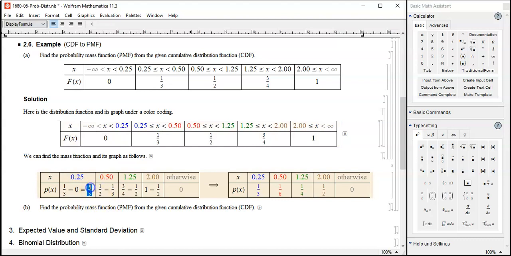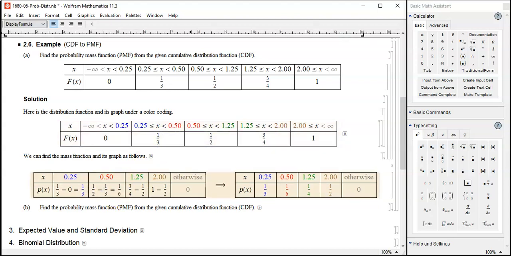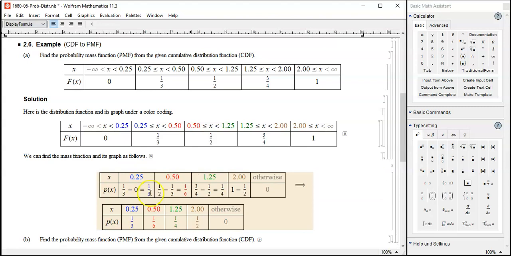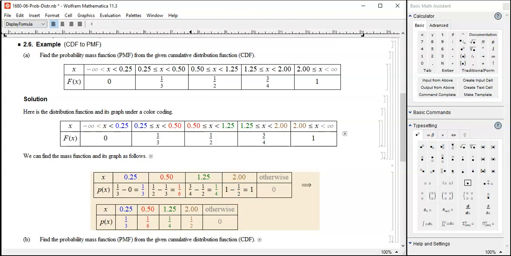And that's the probability that you're looking for. And with accumulation, we go backward, subtract. That's 1/6. That's a probability. And then we subtract 1/4. Okay, that's a probability mass. And then finally subtract. And that's a probability mass.